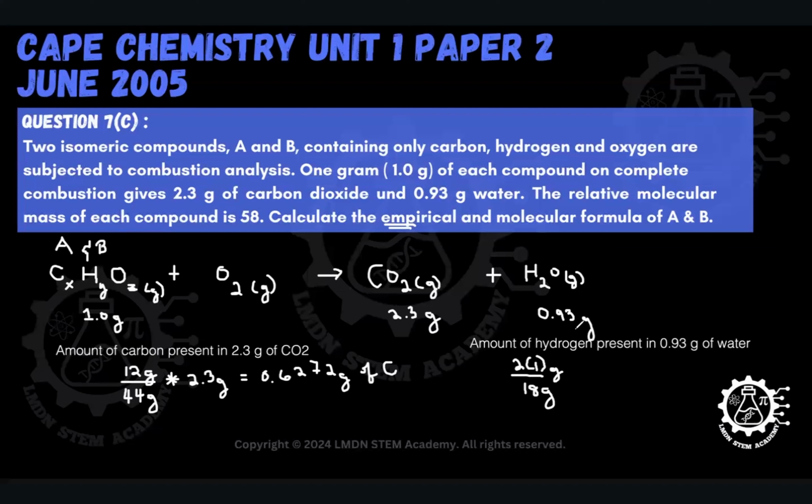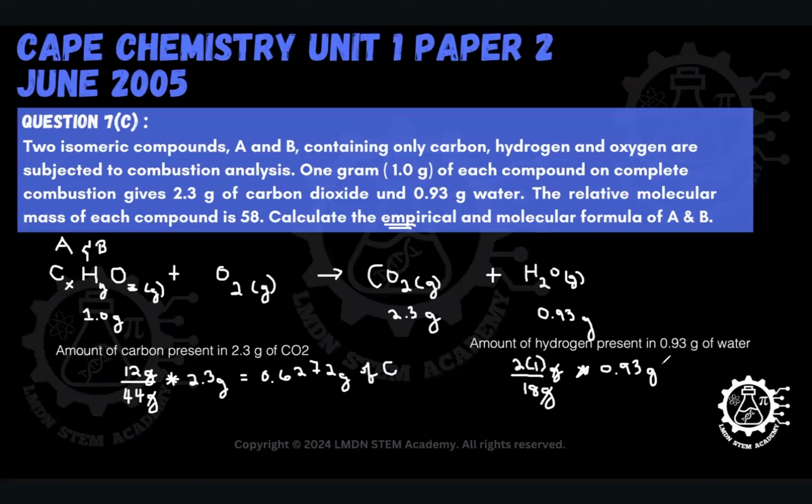And so because the mass that we were told that we got from the combustion is 0.93 grams, we're going to just multiply that fraction by 0.93 grams to find out what was the mass of hydrogen in that sample. So again, we do the same thing. Grams cancel grams over here, and it's the same thing here. That gram goes with that gram, and we're left with the mass of the sample there.